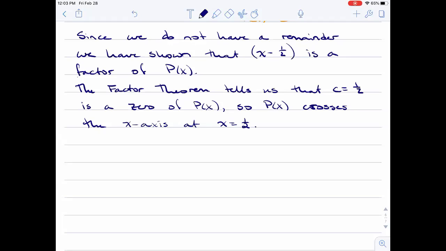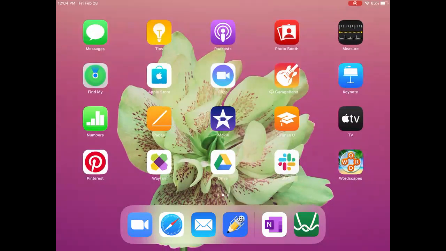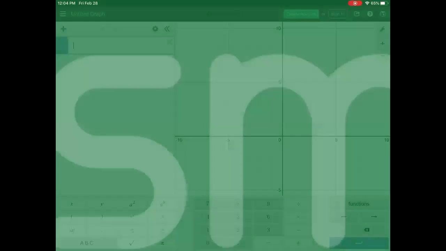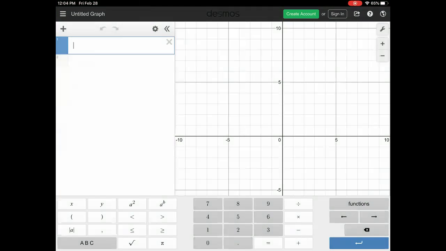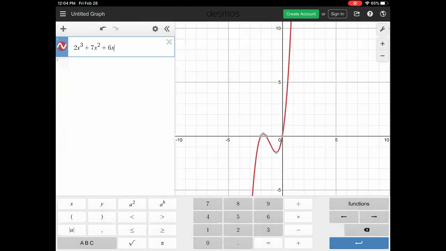So let's do 56, where we're actually given 3 and -3 to check. But I mean, we can check with Desmos if you want to do. Now I'm really into uncharted territory here. Did not check these, but here we go. 2x to the power of 3 plus 7x squared plus 6x minus 5.